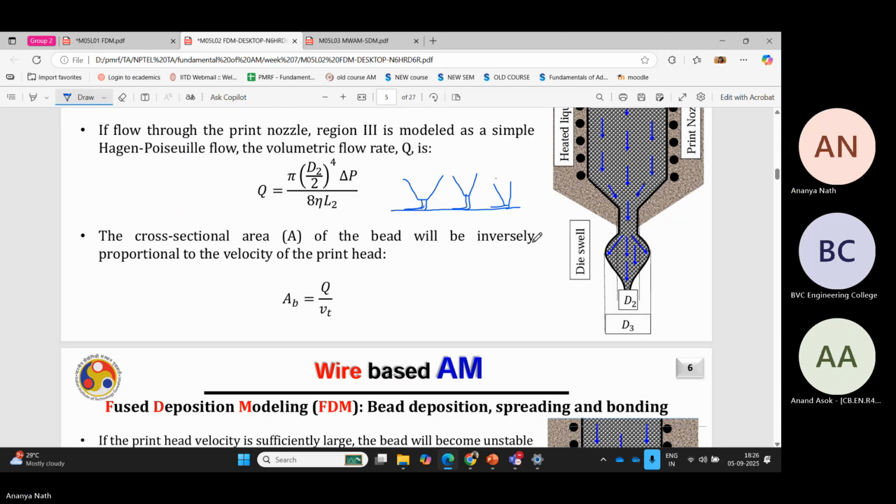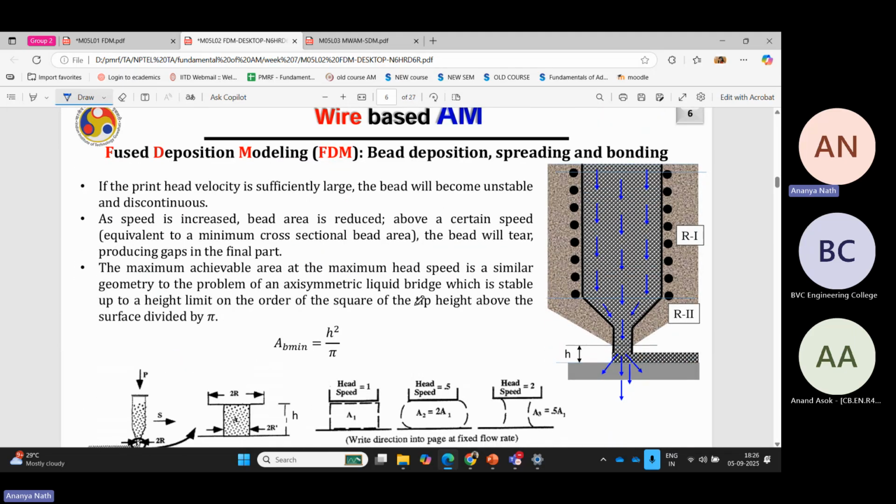Now we are talking about the stand-off distance. Stand-off distance is also important because based on it, you are going to get the quality of the build. As I said, in case of wire-based additive manufacturing processes, your bead or the surface structure or the roughness is not that much.